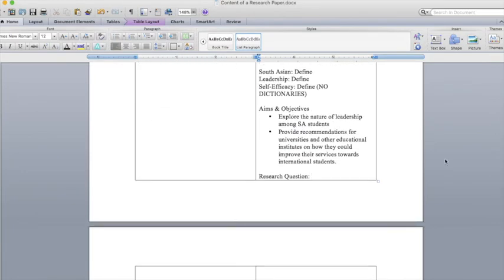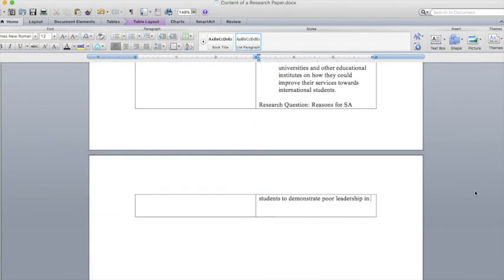So the research question is, let's say, reasons for South Asian students to demonstrate poor leadership in college campuses.